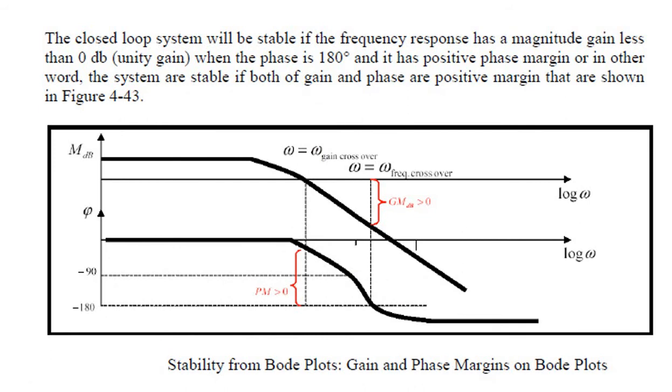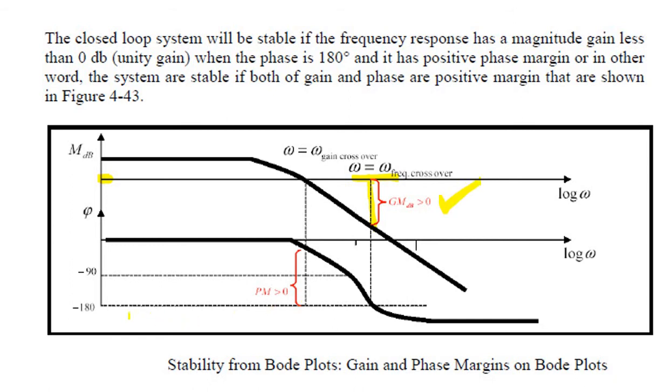The closed loop system will be stable if the frequency response has a magnitude less than 0 dB. If you have the 0 dB line in here, and the gain margin is less than 0 dB, so it is less than 0 dB, the system is stable.